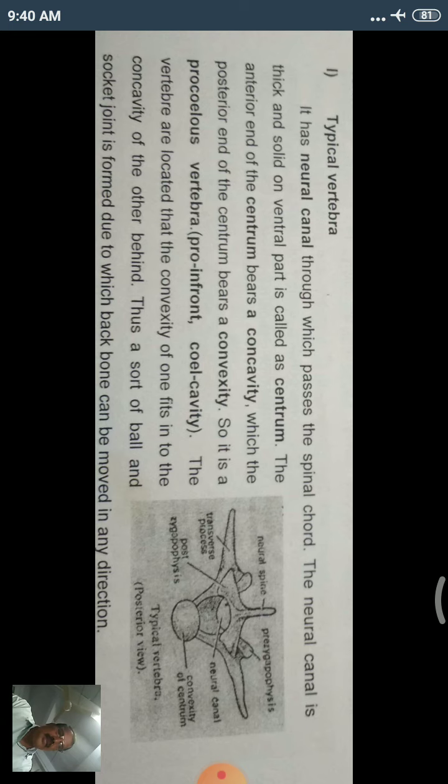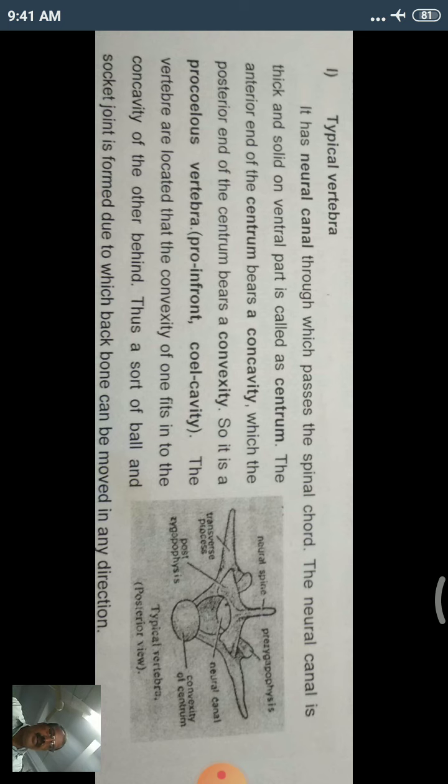The anterior end of the centrum bears a concavity, while the posterior end bears a convexity. So it is a procoelous vertebra.